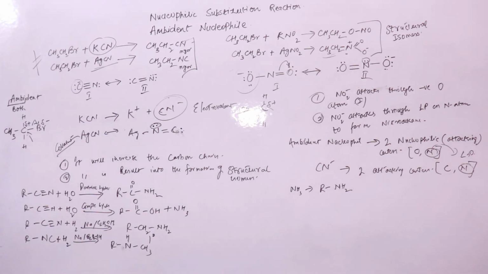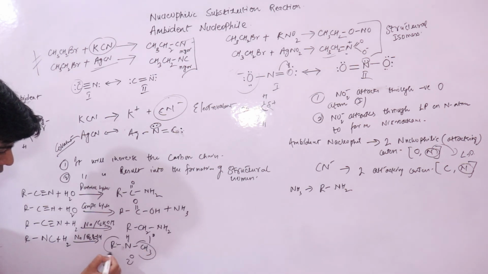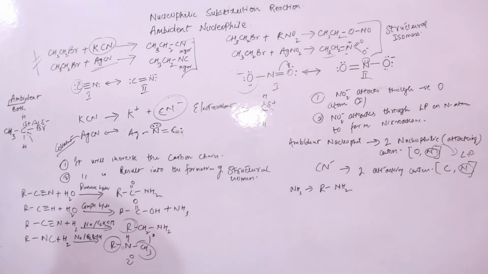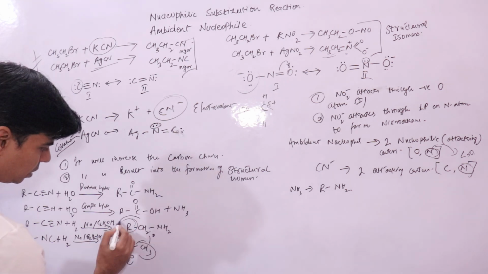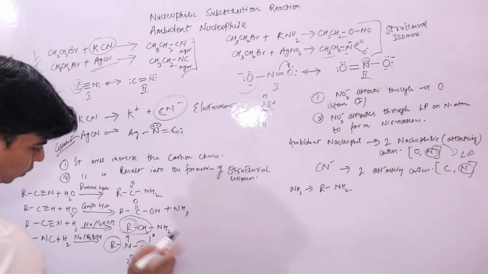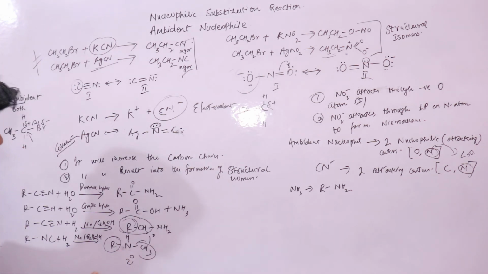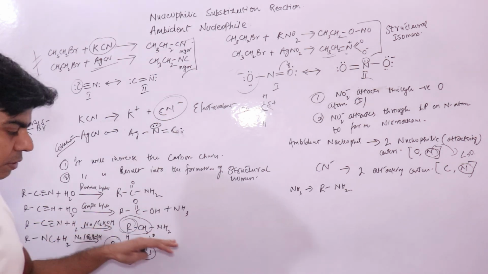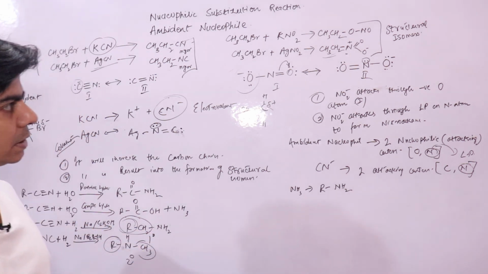This is a 2 degree amine. When we say 2 degree amine, we have two alkyl groups. Here we have only one alkyl group. RCH2 is an alkyl group. One alkyl group, 1 degree amine; two alkyl groups, 2 degree amine. So isocyanides will undergo reduction to form 2 degree amines, and cyanides will undergo reduction to form 1 degree amines. This is an important reaction.